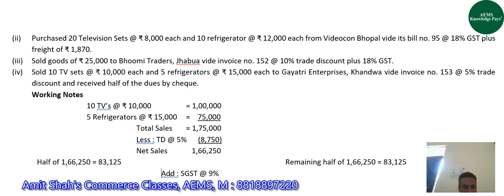So 9% of 83,125 is 8,312.5 minus 831.25, which is 7,481.25.